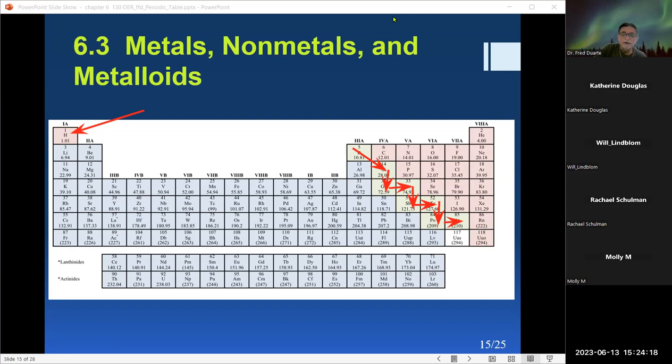What category is, Rachel, I can't read this. Is 117? That's unknown right now because it's just been isolated not too long ago, and they haven't figured out enough information. 117 would probably be predicted to be a metalloid, but until they can get more samples to test it.